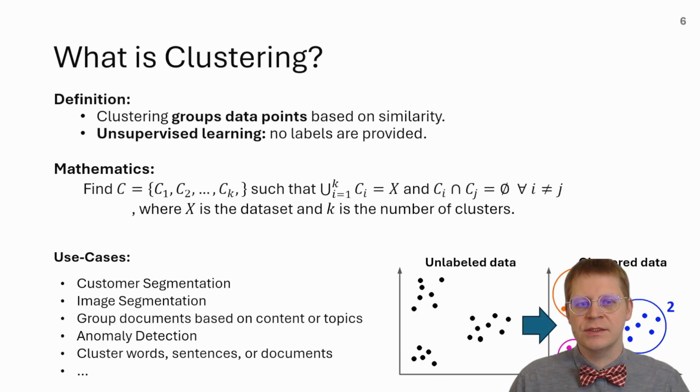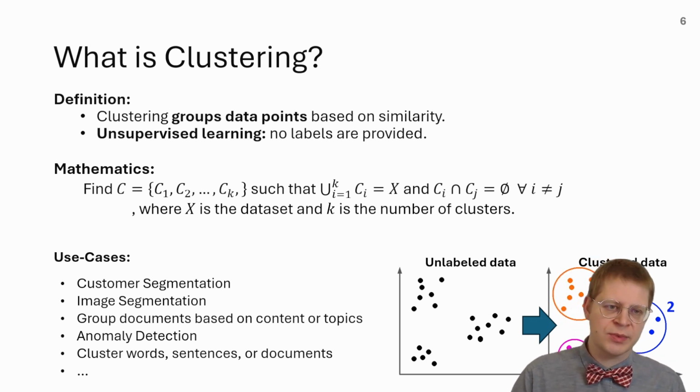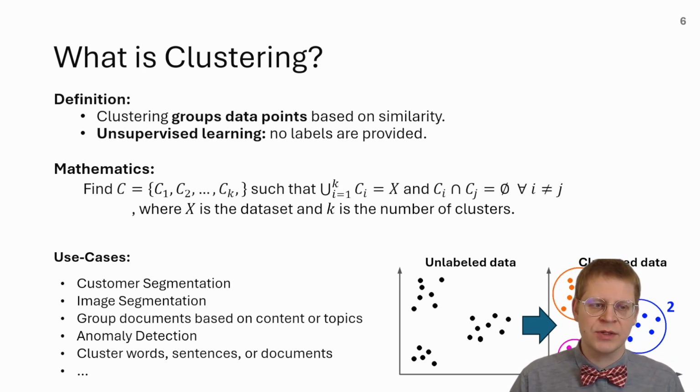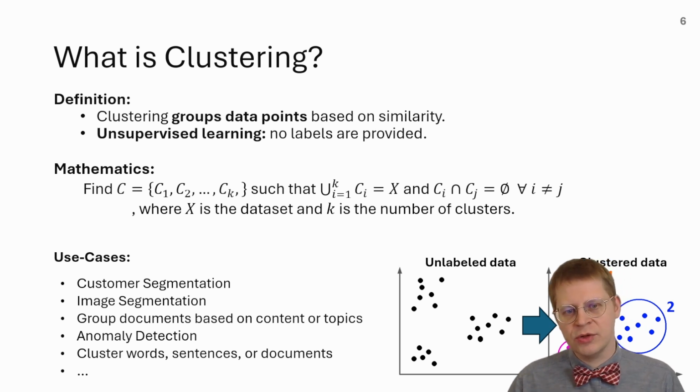Let us get started. And first of all, what is clustering? Clustering is the process of grouping data points based on their similarity. Unlike supervised learning, there are no labels to guide us, just the raw data. For instance, clustering helps in customer segmentation, grouping similar customers for targeted marketing, or in anomaly detection, identifying unusual behavior in a network.